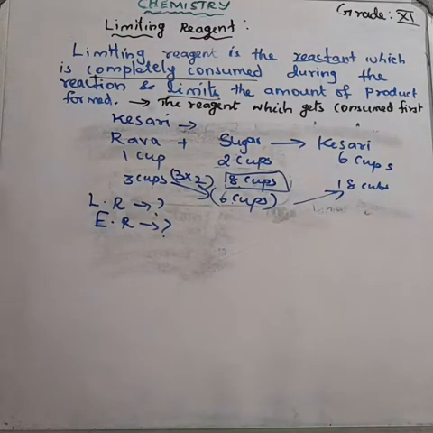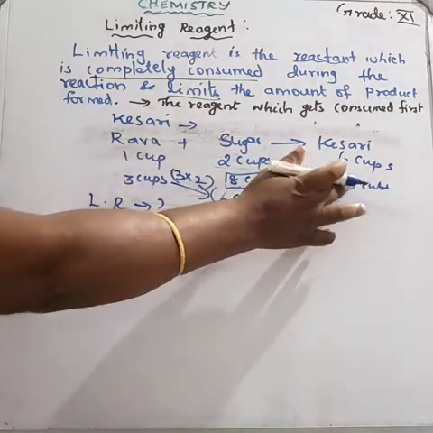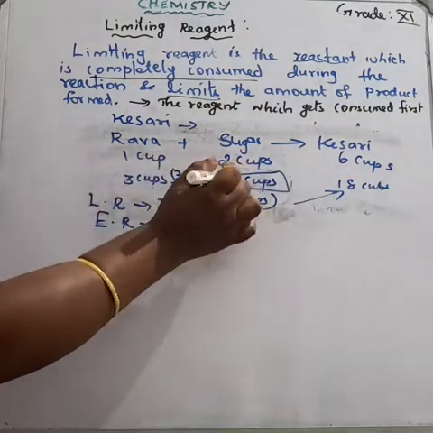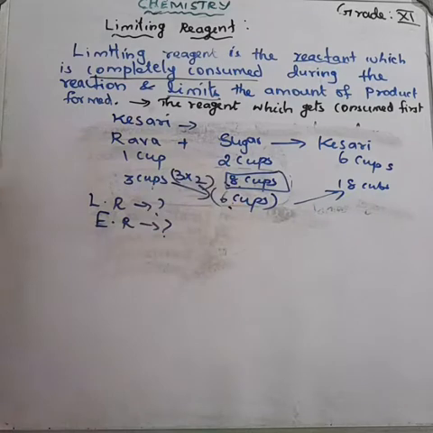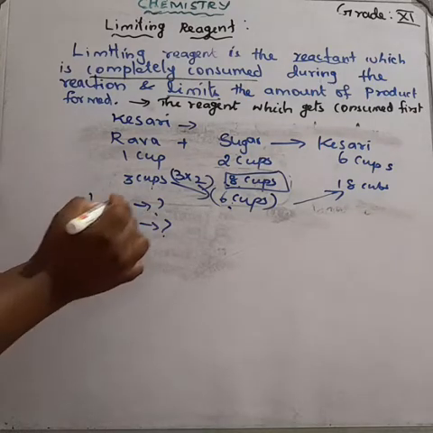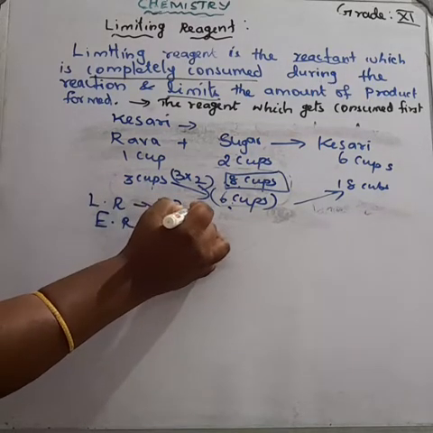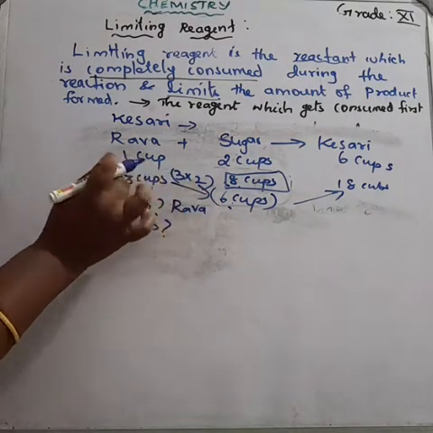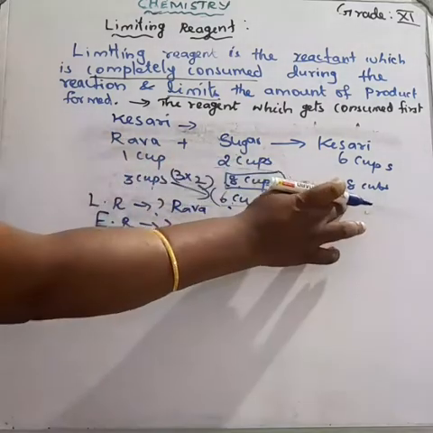We cannot get more cups of kesari when we add 8 cups of sugar instead of 6 cups of sugar. So here rava is the limiting reagent. With 3 cups of rava, we can prepare only 18 cups of kesari.